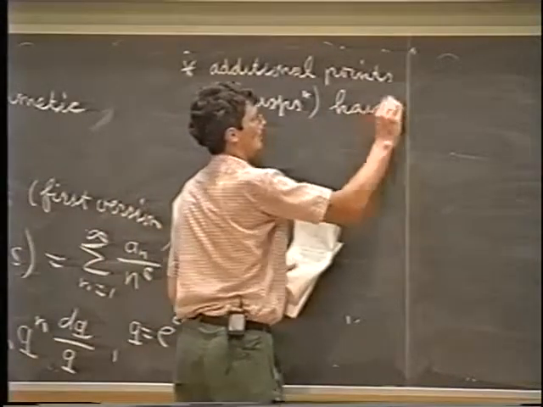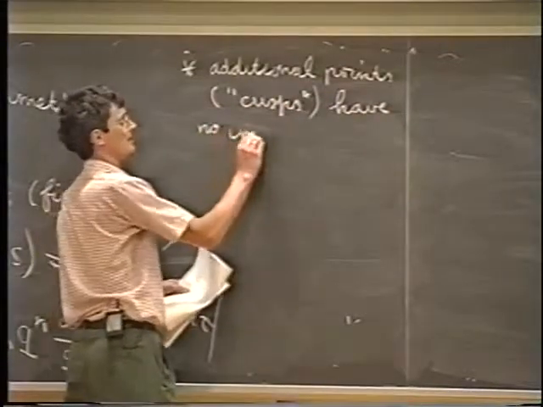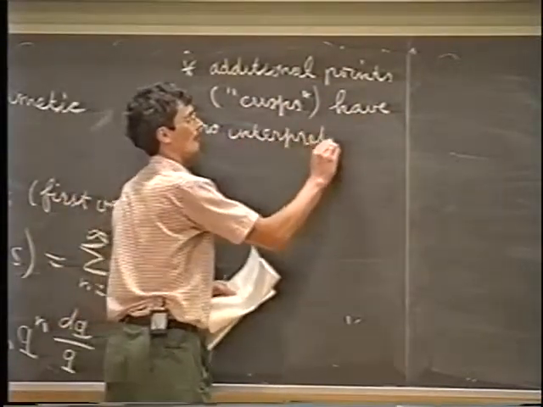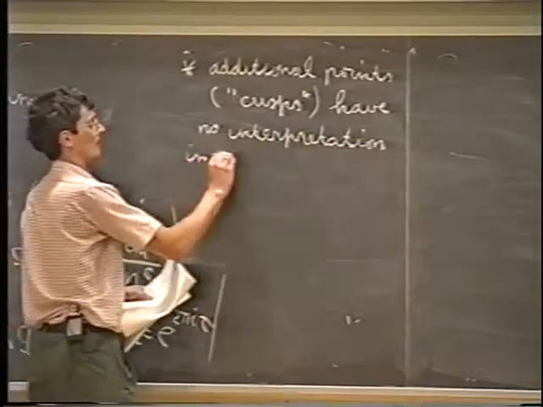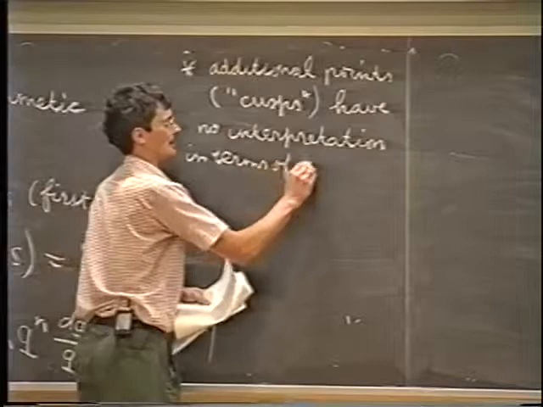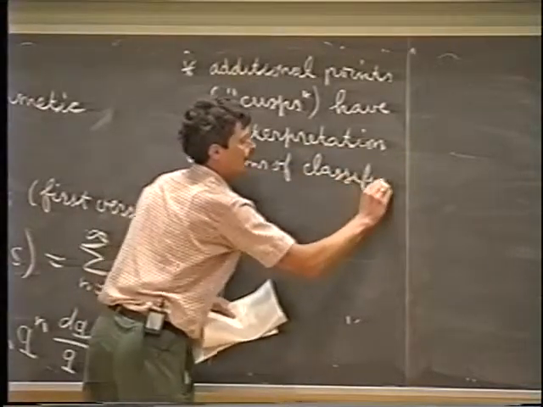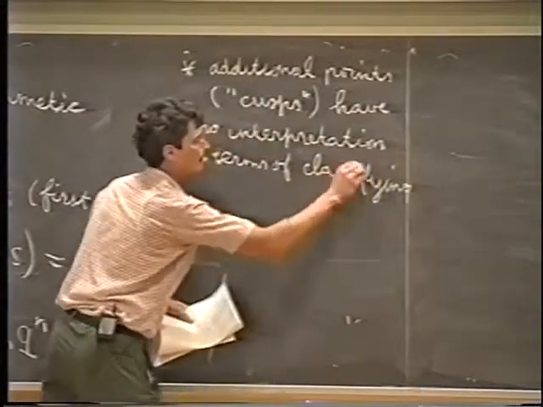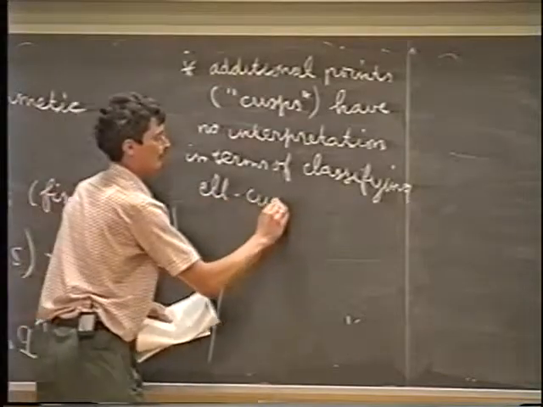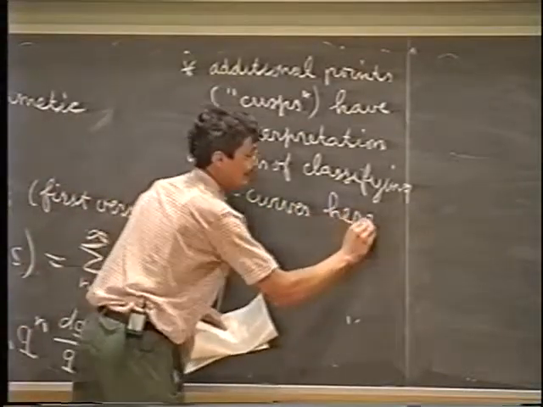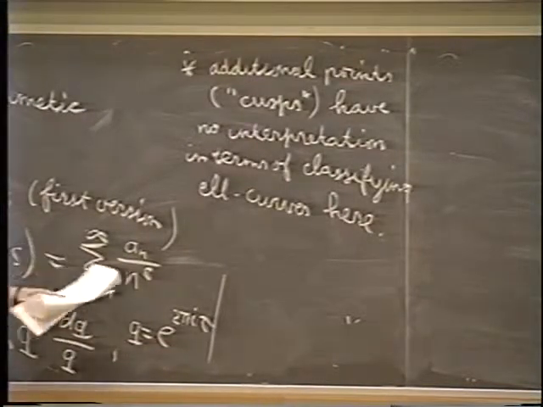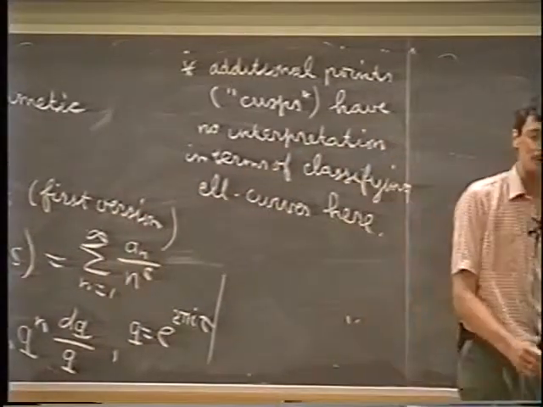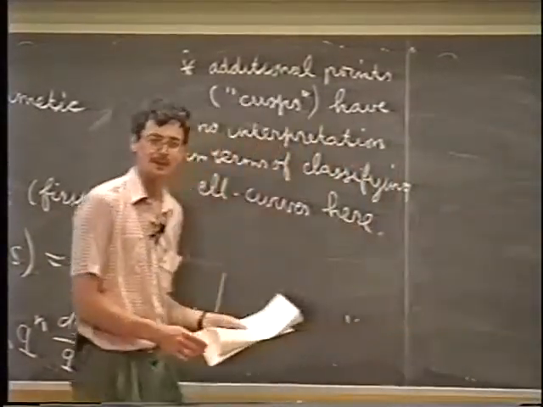They have no interpretation in terms of classifying analytic curves here. So, I mean, it's nice for some, well, you get a good theory and really something worthwhile to give courses on, but it has drawbacks.